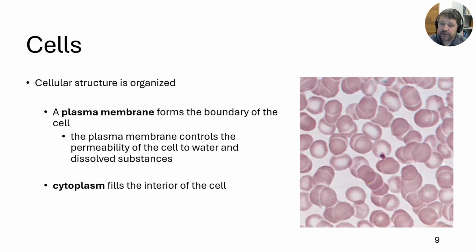The other thing is outside, there are lots of different determining factors on what's outside of the cell, and we'll talk about some of that. But inside is the cytoplasm, sometimes called the cytosol. The cytoplasm is kind of like a jelly that's been watered down.